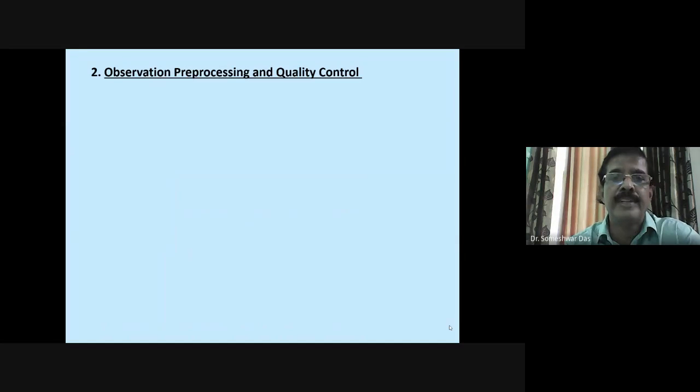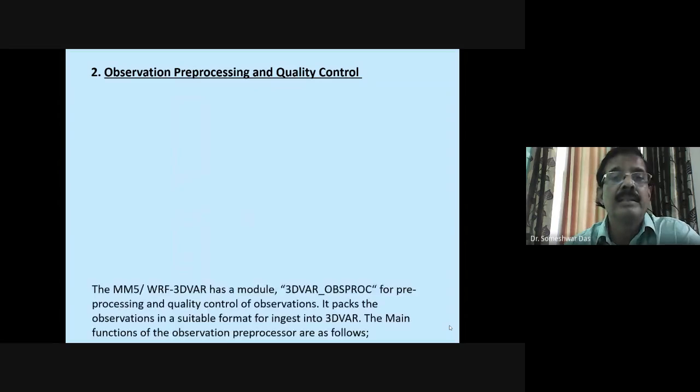Different types of observations, how they are coded in WMO's format, and then once they are received, they are decoded, and quality controlled using different methods, including the CQC, the complex quality control, right?